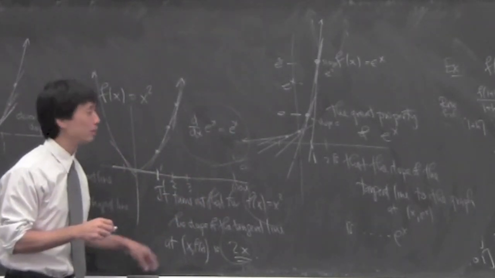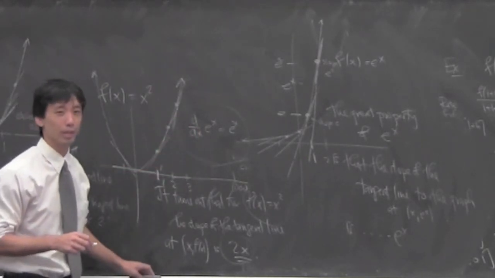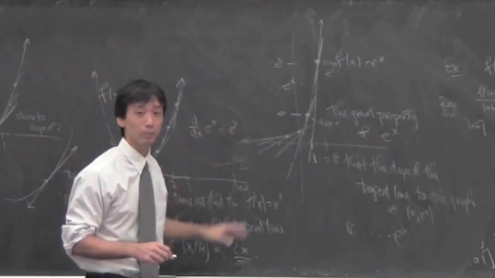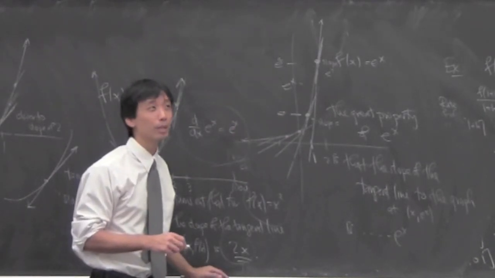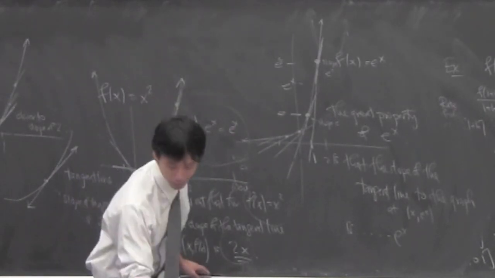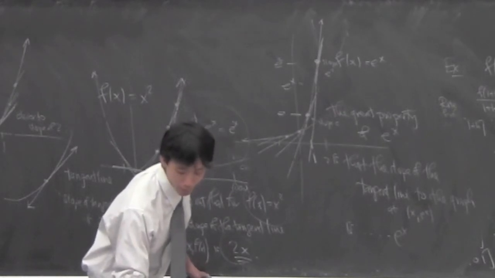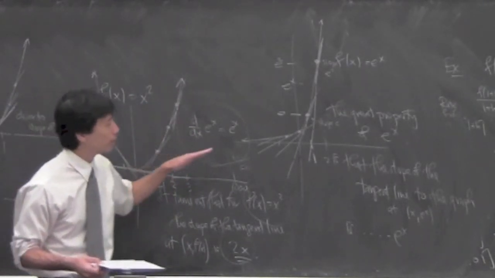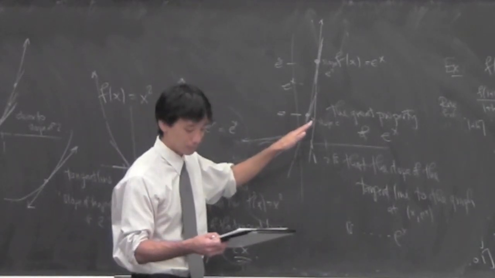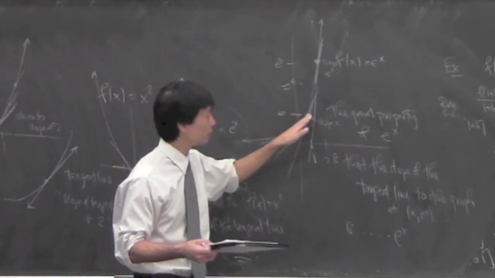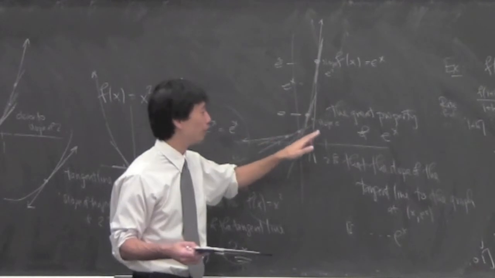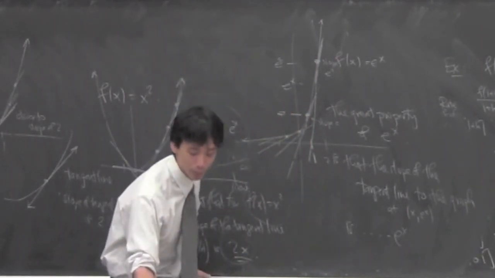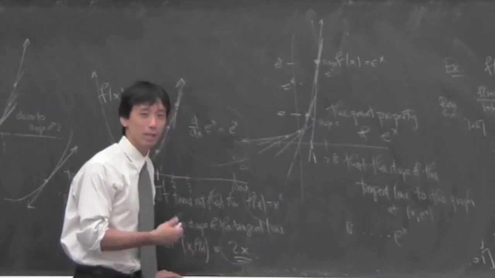This is that statement, just expressed geometrically. So this is the great thing about e to the x, that the slope of the tangent line of e to the x is e to the x, that the instantaneous rate of change of e to the x at time x is e to the x.